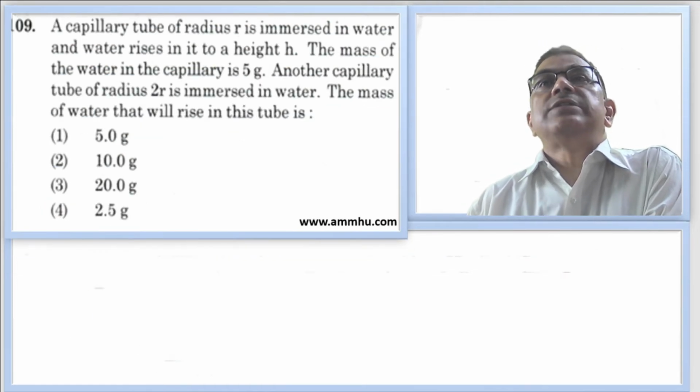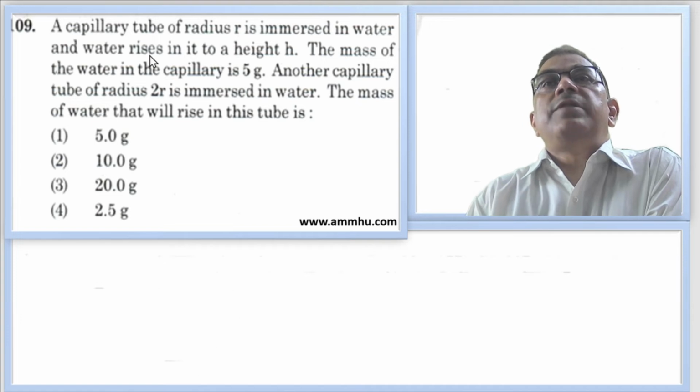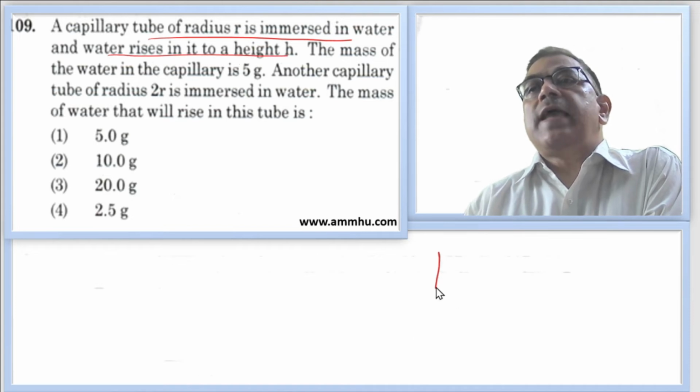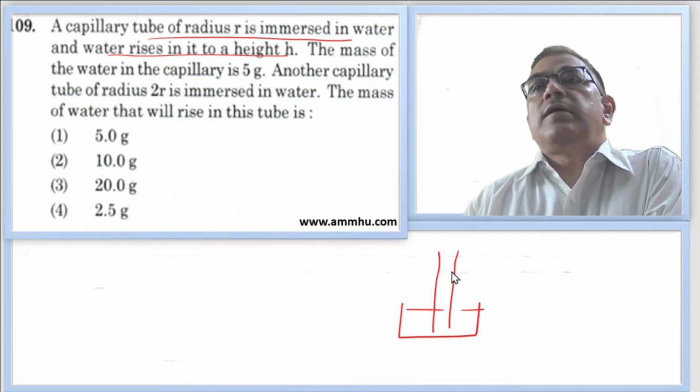Now the next question. Here is a capillary problem. A capillary tube of radius r is immersed in water. Water rises up to height h. Okay, so here is the capillary. When this is dipped, water rises to height h. The level is h. Is that right?